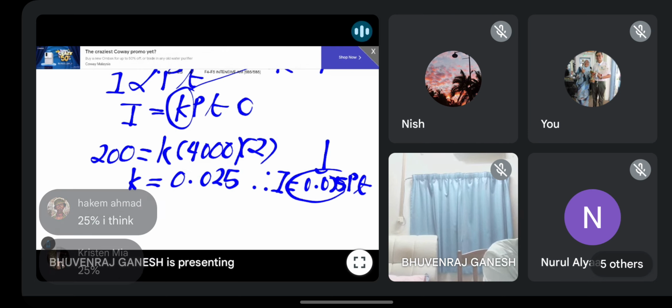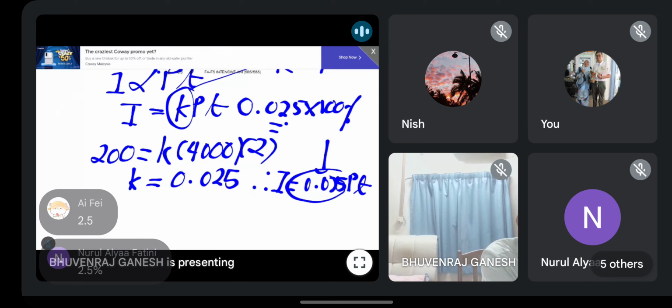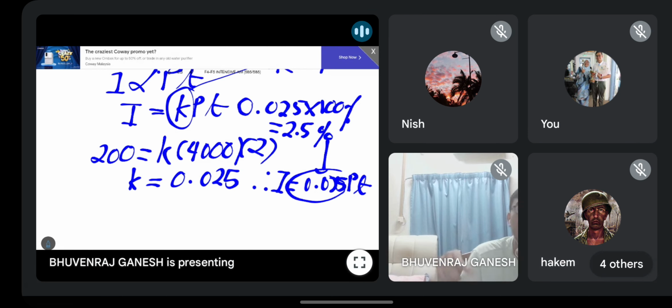Not 25. Guys, you must know how to find interest rate. Kalau kamu nak tukar dari perpuluhan ke peratus, kamu darab 100%. So you actually get 2.5%. Okay, bukan 25%. Kamu boleh cuba. If you take 25 bahagi 100, kamu akan dapat 0.25 sahaja. Dia tak sama dengan nilai ni. So that's why it's 2.5%.